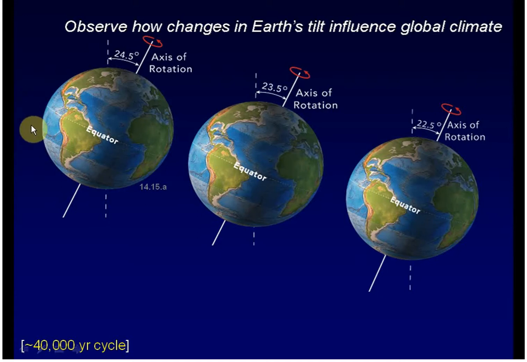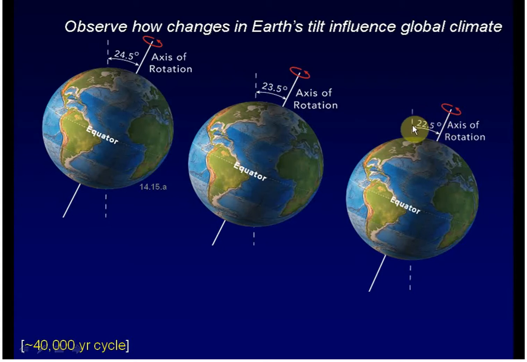If we imagine the sun's rays coming in parallel to our dotted line through the earth, we see a maximum tilt of about 24.5 degrees, moving through to 23.5 degrees, and then the minimum tilt of 22.5 degrees.